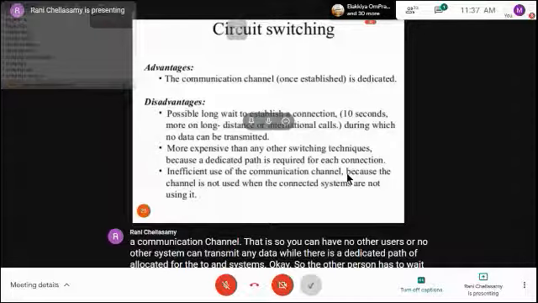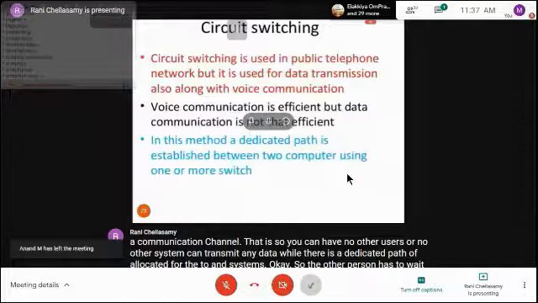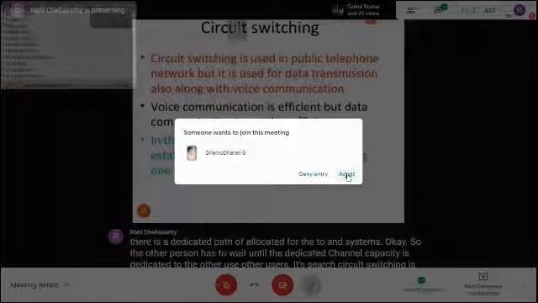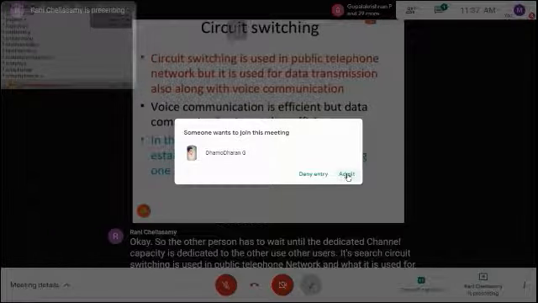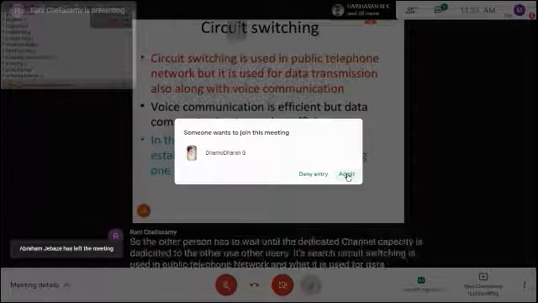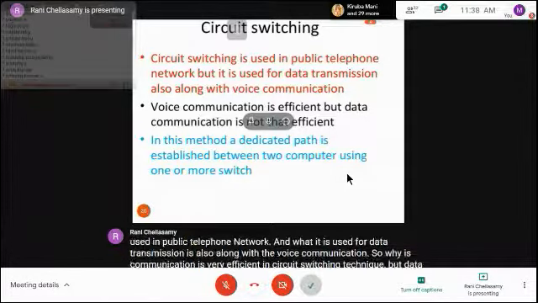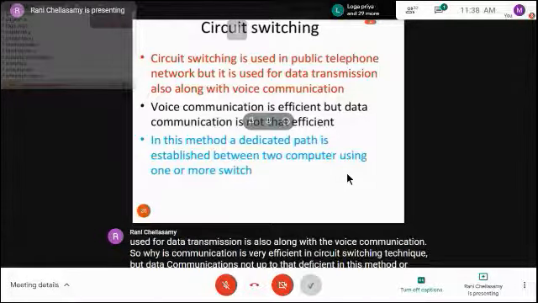Circuit switching is used in the public telephone network, and it is used for data transmission as well as voice communication. Voice communication is very efficient in the circuit switching technique, but data communication is not that efficient. In this method, a dedicated path is established between the 2 computers using 1 or more switches.